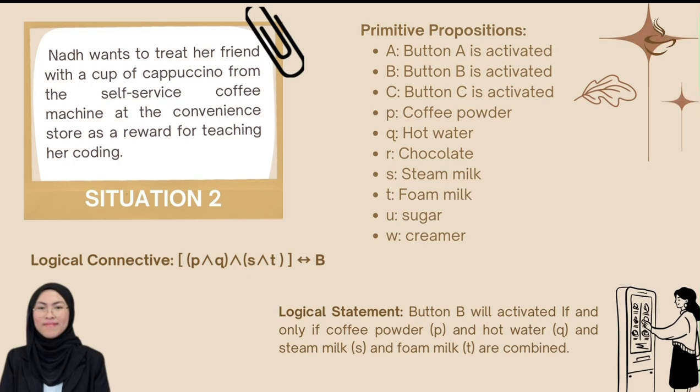Logical connective: P and Q and S and T biconditional with B. Logical statement: button B will activate if and only if coffee powder P and hot water Q and steamed milk S and foam milk T are combined.